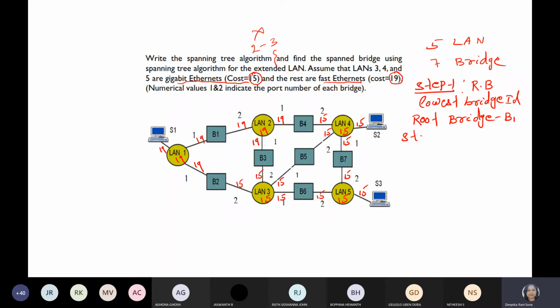Okay. Then step 2. We should move to step 2. Step 2 is to find the root port. Root port for all the bridges with respect to the root bridge. So better we should make a table. How many bridges are there? 7 bridges. So as per that we will make a table.